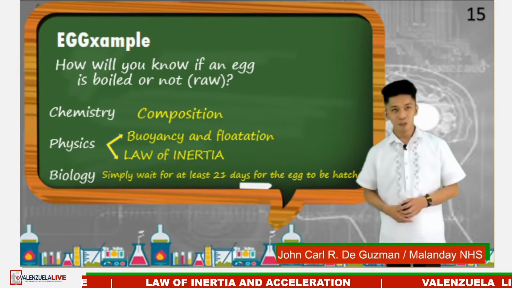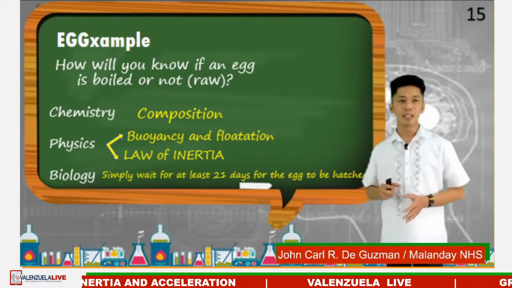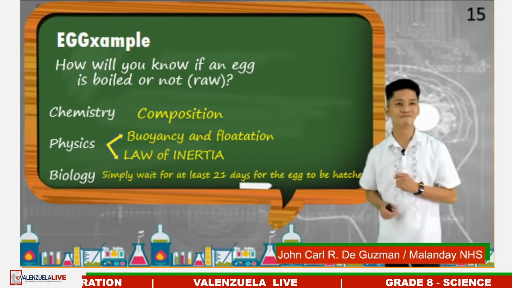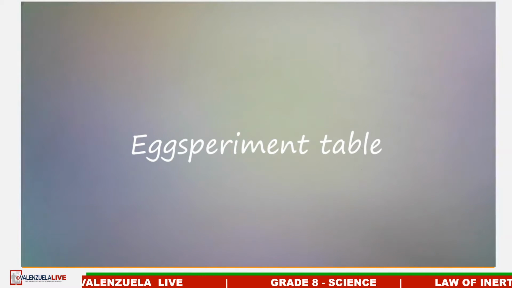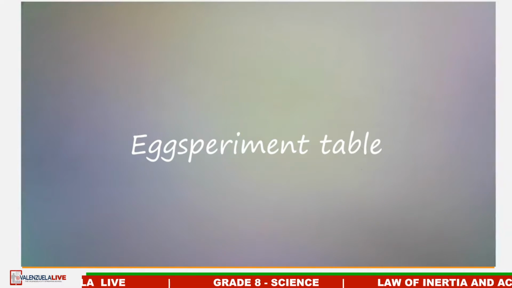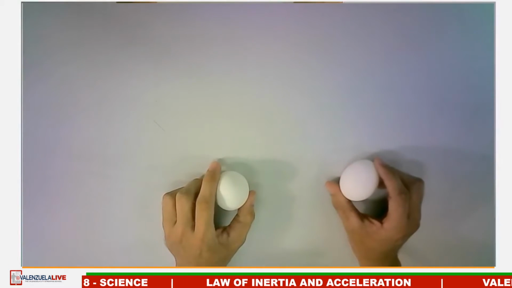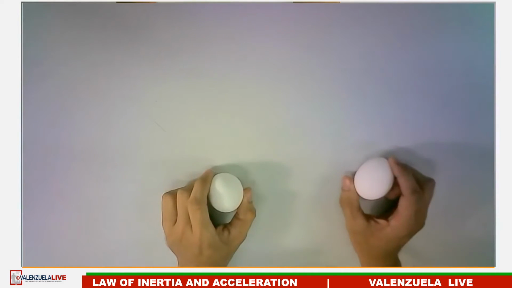Now, for us to better understand this example, let us proceed to our experimentation table. As you've seen here, I have 2 eggs in my hand, the left and the right.